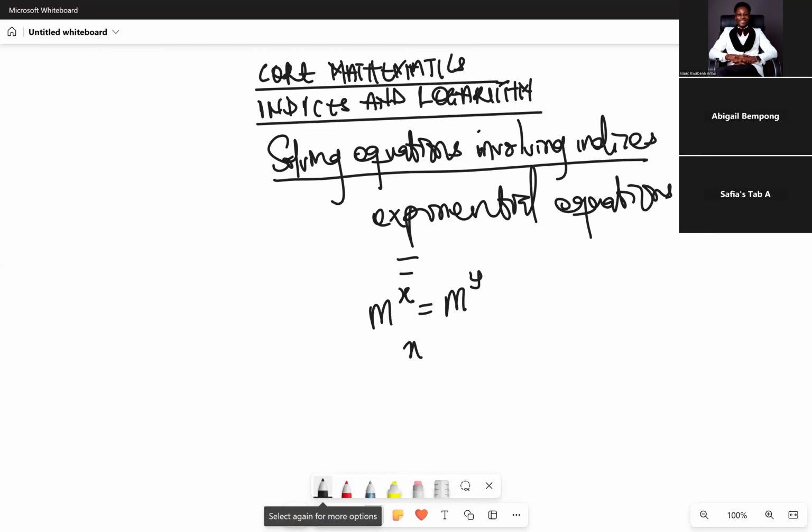So we say x is equal to y. When you have a term with a power equated to the same term on a different power, the bases are the same, so we equate the powers. That's what we use in solving exponential equations.